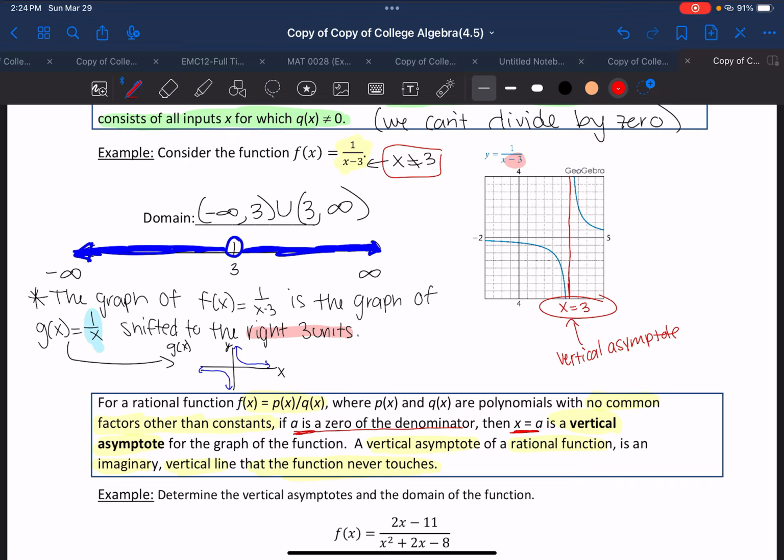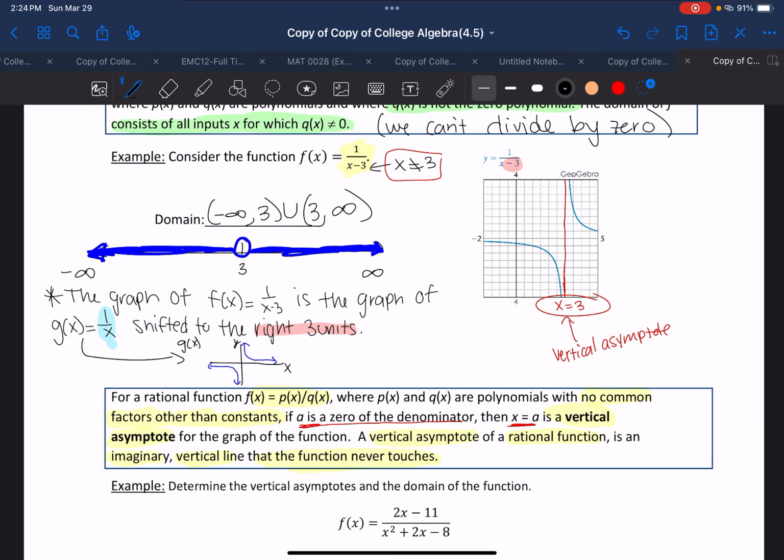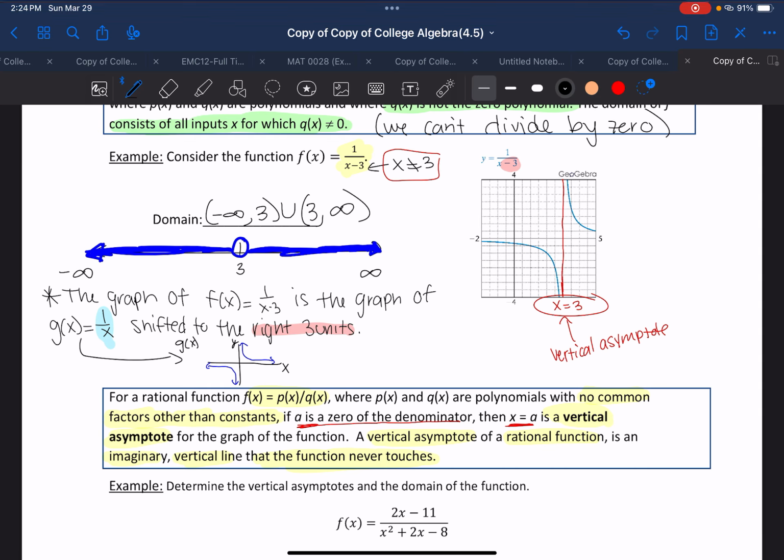It is an imaginary vertical line that the function will never touch. So if we're asked to find the equation of a vertical asymptote, all we do is set the denominator of a rational function equal to 0, and we solve for x. We figure out the values of x that make that denominator equal to 0.